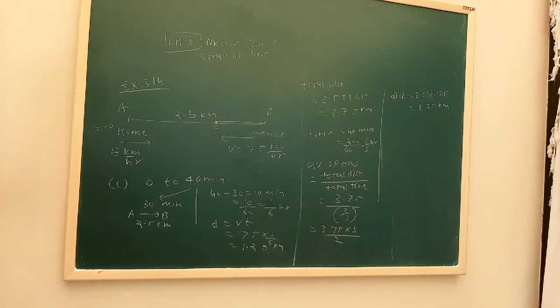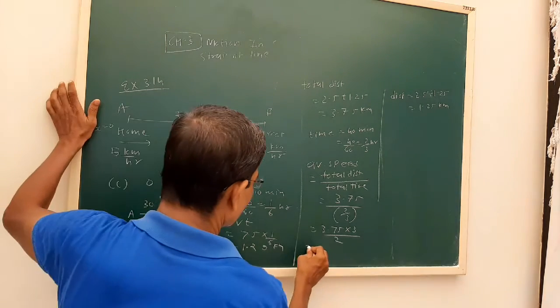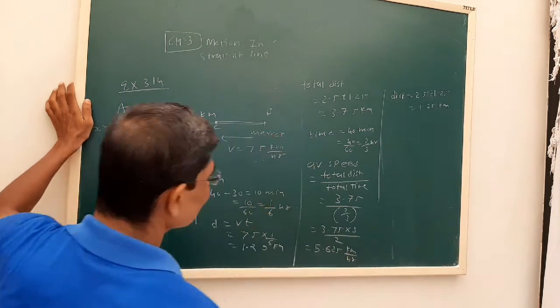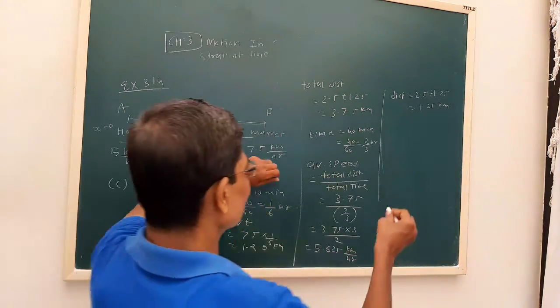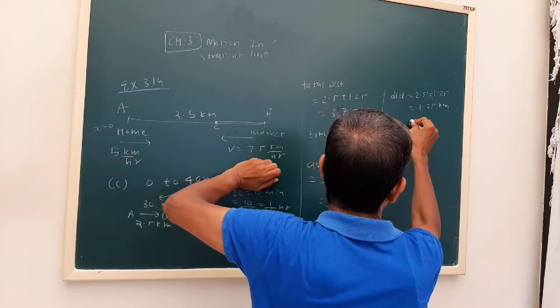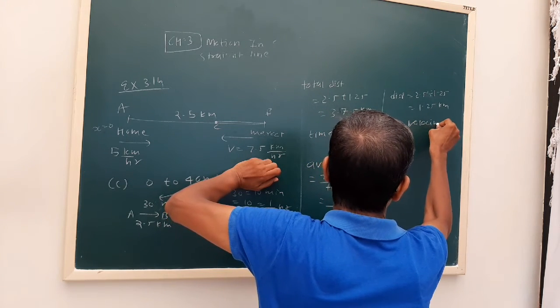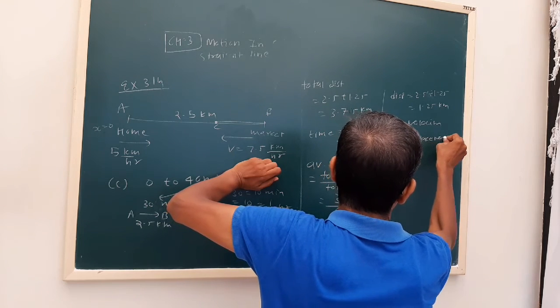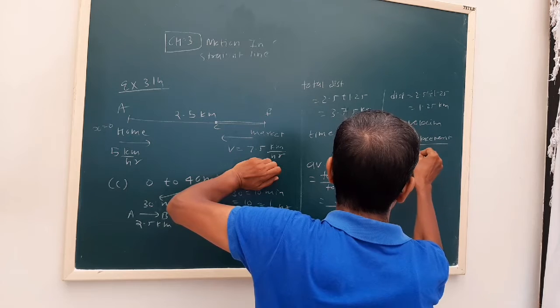Okay, so we can get 0.5. Yes, and here the displacement is 1.25 kilometer, so average velocity is displacement upon time.